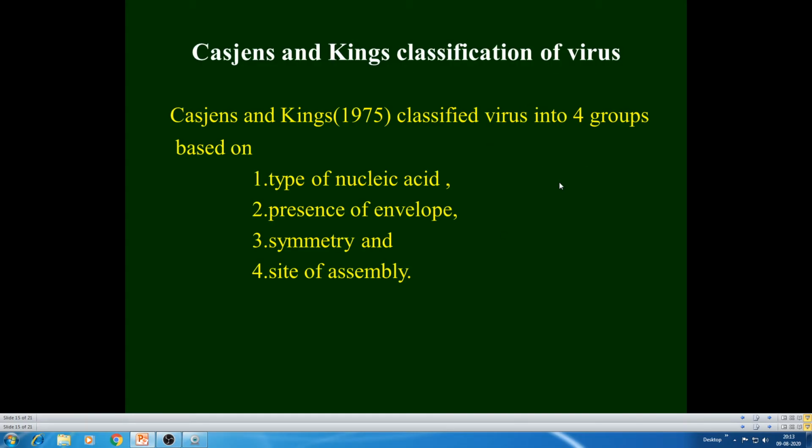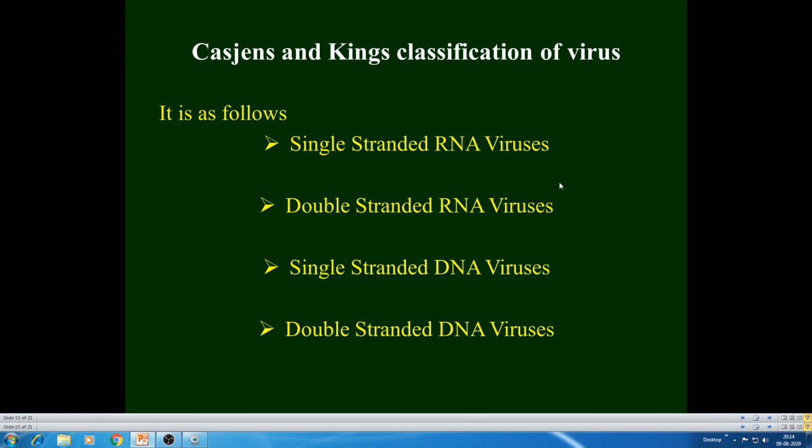another classification, that is Casjens and King's classification of viruses. Casjens and King in 1975 classified viruses into four groups based on nucleic acid, presence of envelope, symmetry, and the site of assembly. The types of nucleic acid, envelope, symmetry, and assembly.